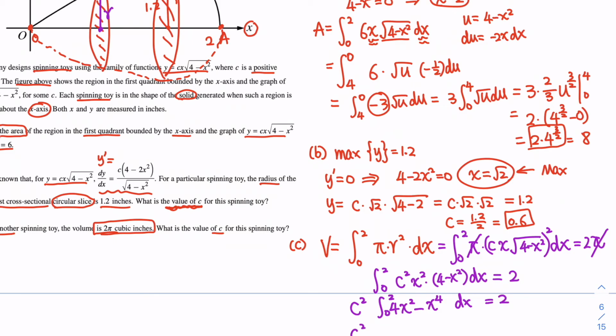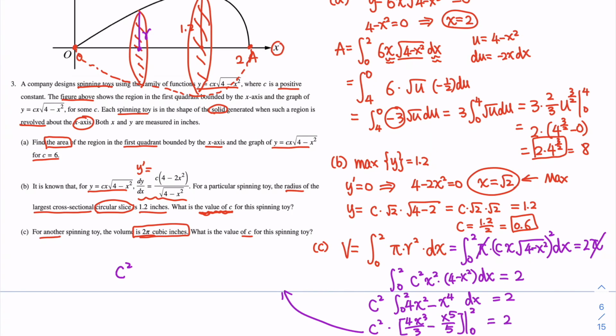We just need to take the antiderivative. So it's 4x cubed over 3 minus x to the 5th over 5, from 0 to 2. We plug 2 and 0 in. We have 4 times 8 over 3 minus 2 to the 5th power, which is 32 over 5.